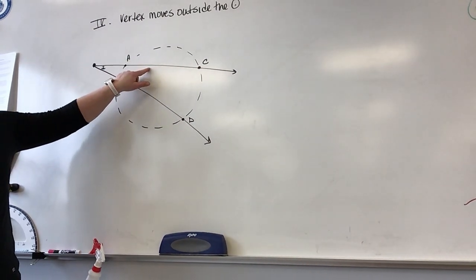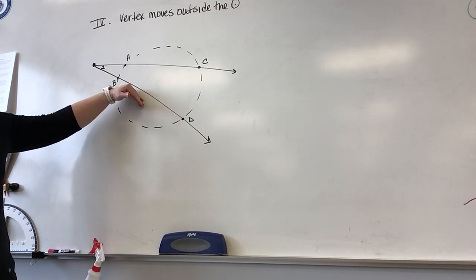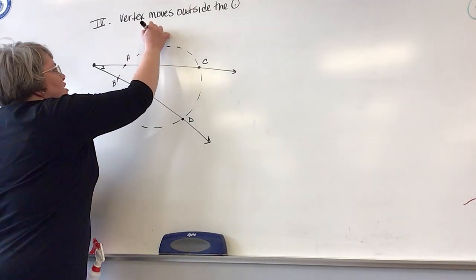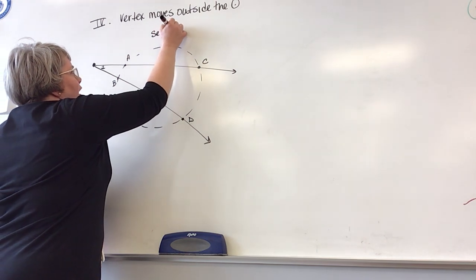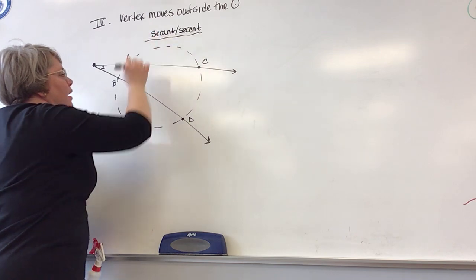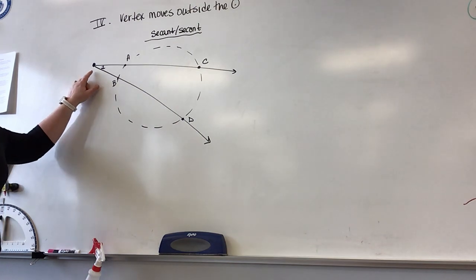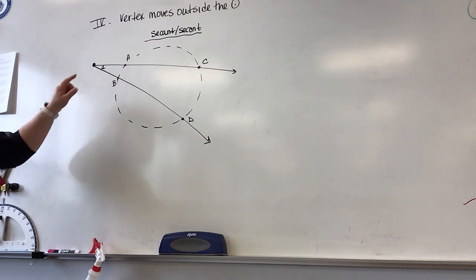So the top one would be called A, and the bottom would be called A. So they go through each situation, and I'll show you each, but I think one general formula is going to be enough. So they would call this one secant secant, but the vertex still is outside the circle.